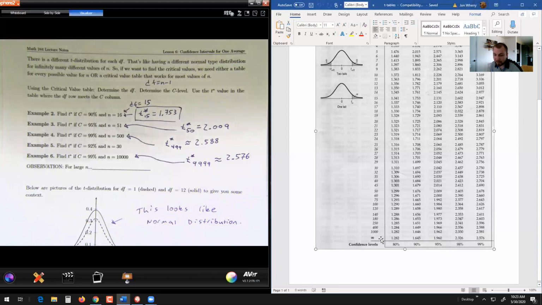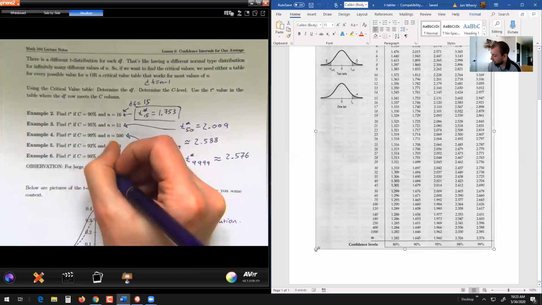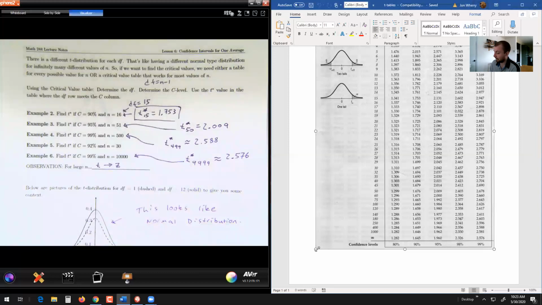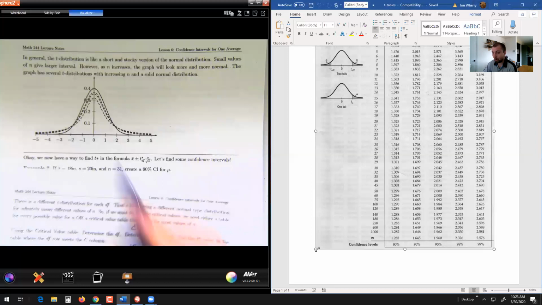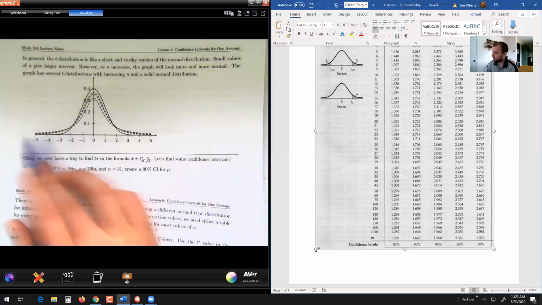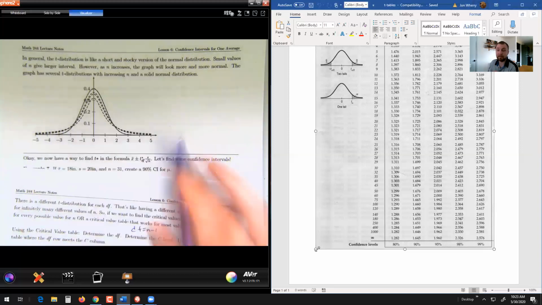So actually this last row in your table, if you're dealing with a really large N, then your T-scores become Z-scores. I'm seeing that in the graph as well. So if I sample more and more and more, these dotted lines are a T distribution. The solid line is a Z-score or a normal distribution.